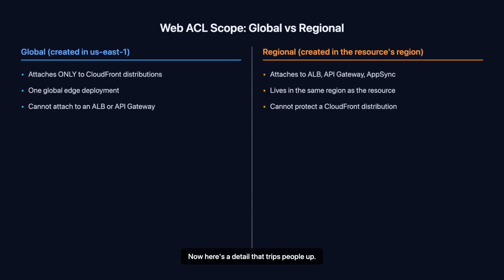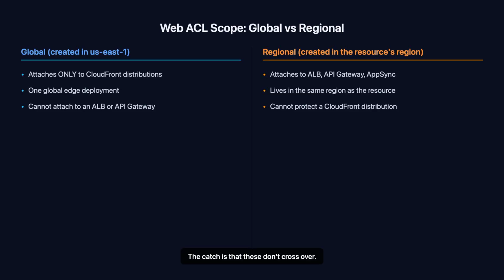Now here's a detail that trips people up. A Web ACL has a scope, and it's either global or regional. A global Web ACL is created in the North Virginia region, and it attaches only to CloudFront distributions, nothing else. A regional Web ACL lives in the same region as your resource, and it attaches to load balancers, API Gateway, and AppSync.